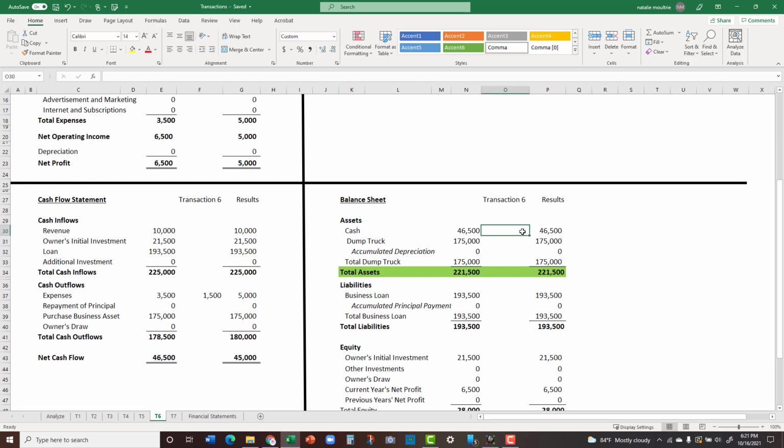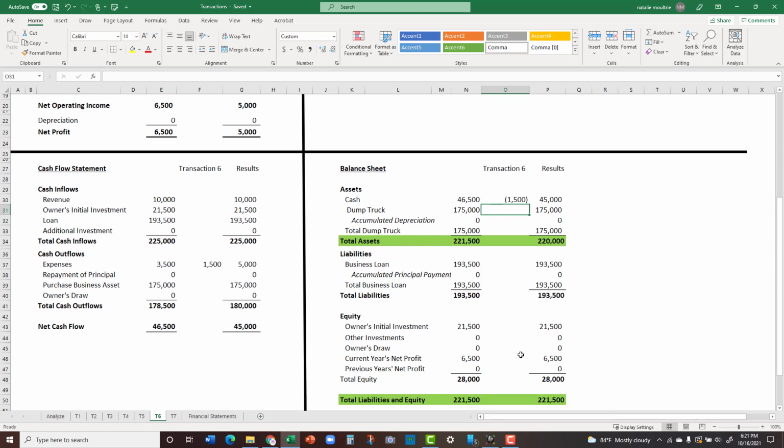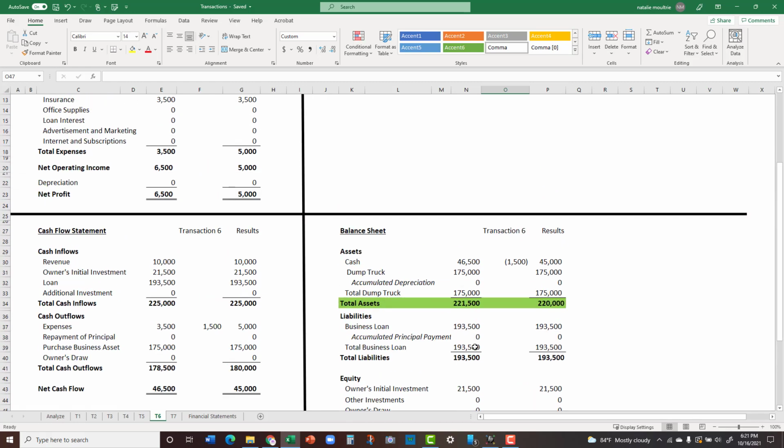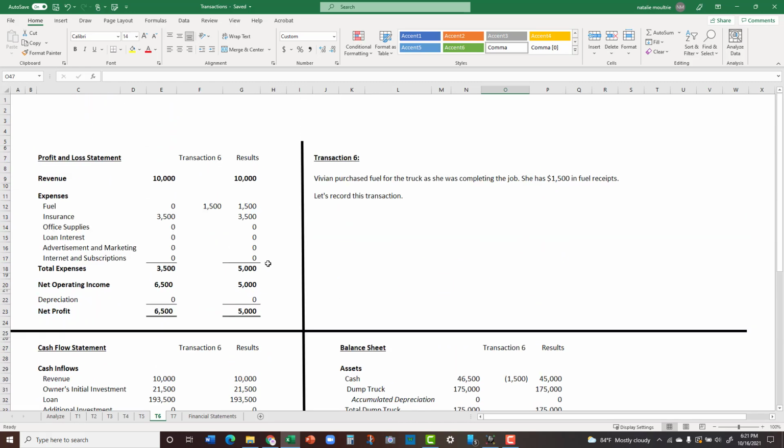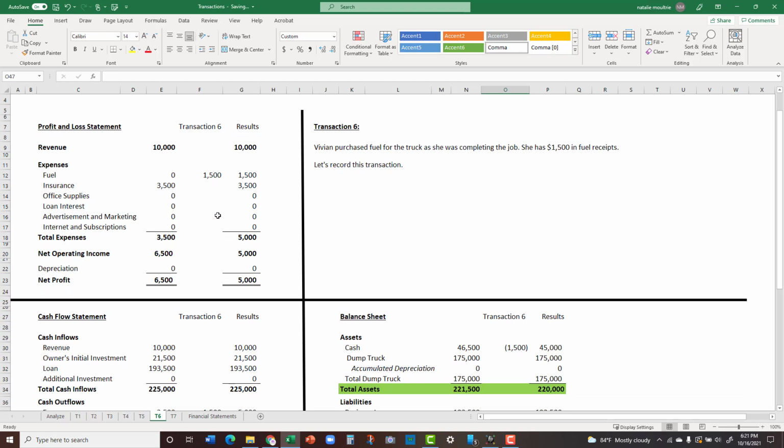It decreases our cash, and it also decreases our net profit. Okay. So as we continue to build our financial statements, we can see the impact of every transaction.